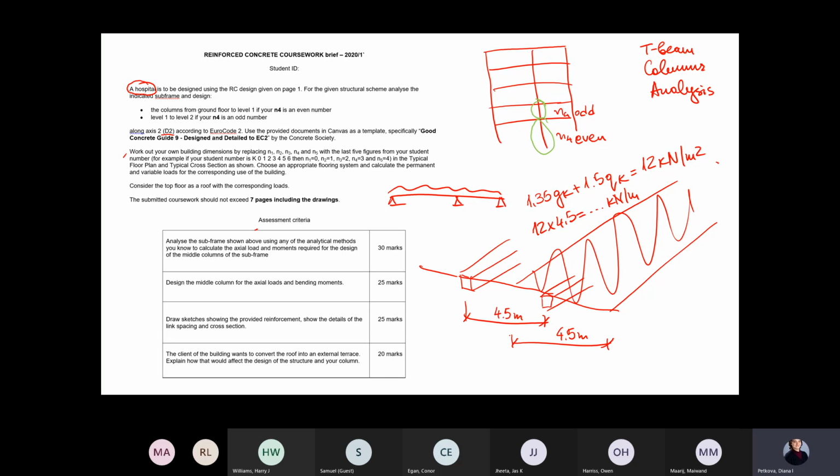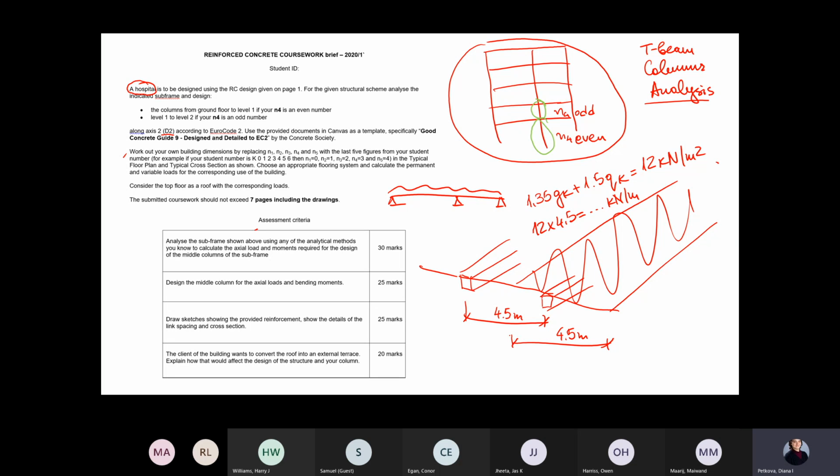When you go through the lecture notes, you see that we've done this. In the lecture on analysis, I'm talking about how we can isolate one of the elements of this frame that you see here, so that we can find usually the bending moments, and for the columns, the axial loads and the bending moments.